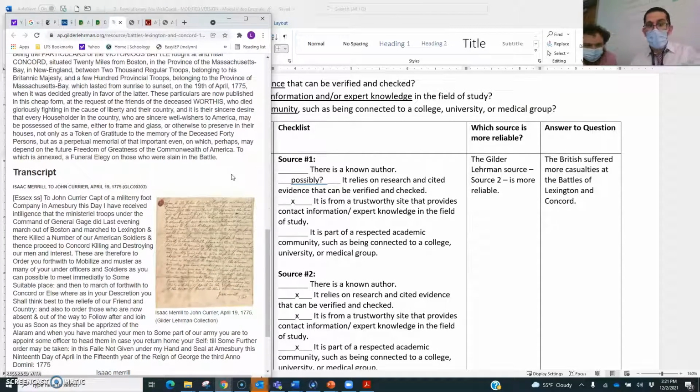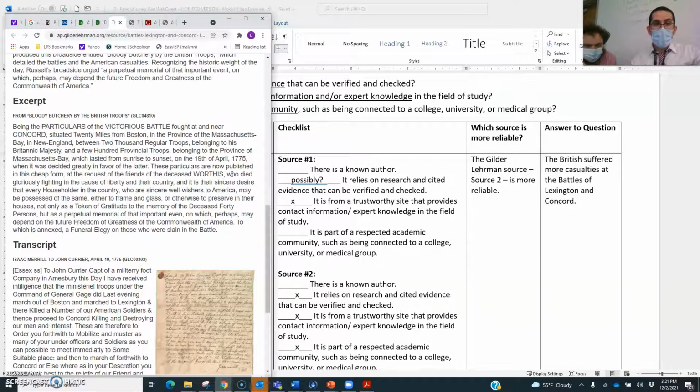I do see that they provide some research and evidence from people who were participants at the battles of Lexington and Concord. So I do cross off that it relies on research and cited evidence that can be verified and checked. There's definitely information from people who were participants. That's a primary source.